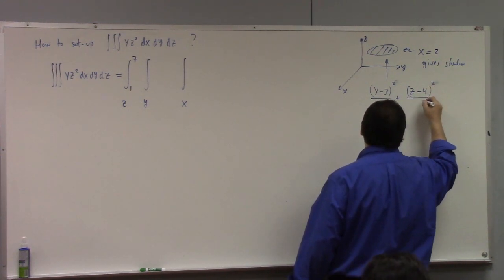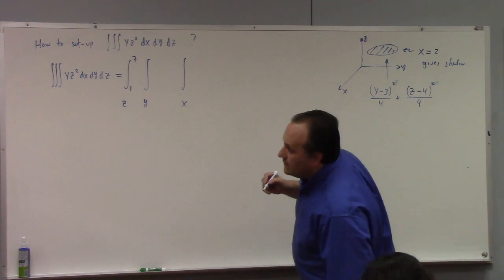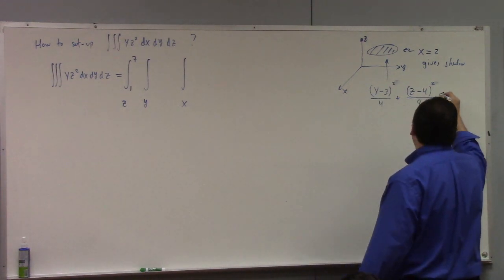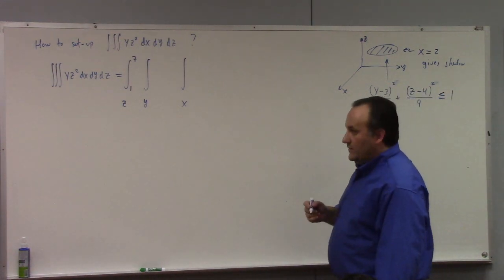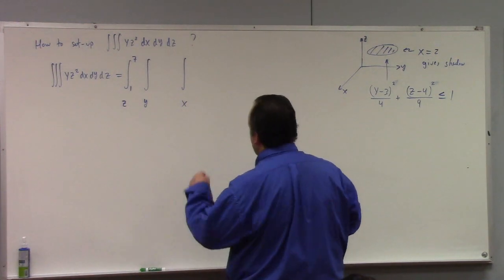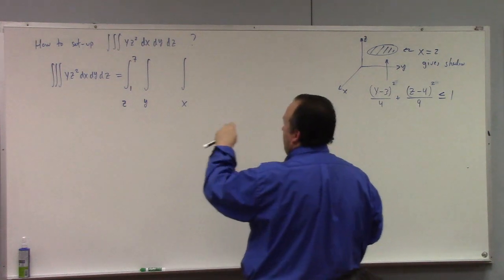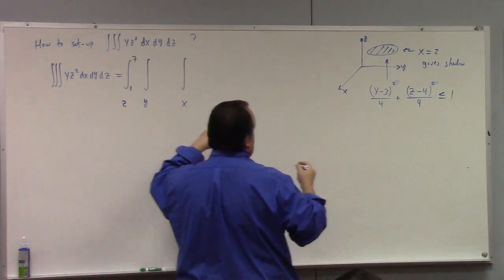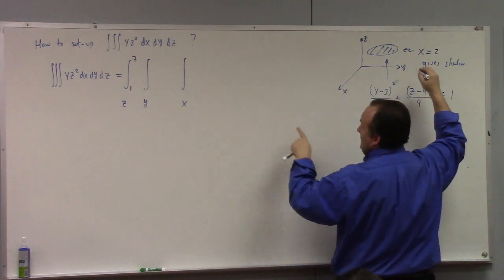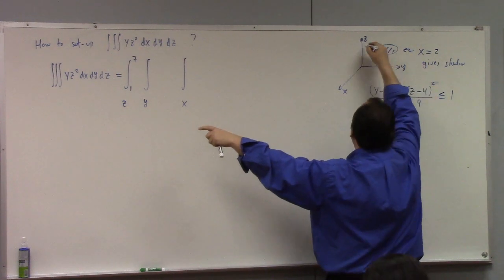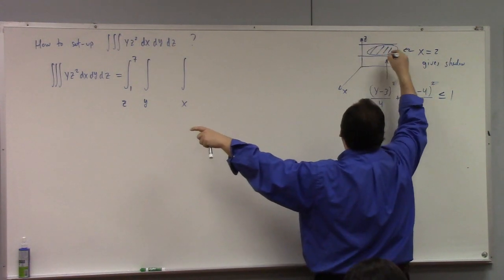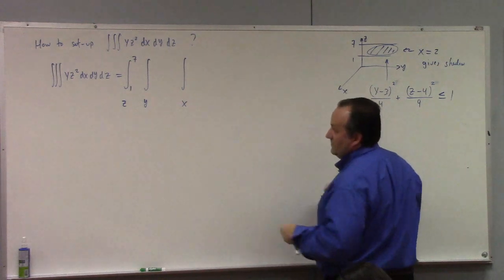Did I put a 9 there? Less than or equal to 1? So, this in particular, I already kind of told you what's happening, I did my z last, right? So I'm telling you that the z goes from 1 to 7, right?